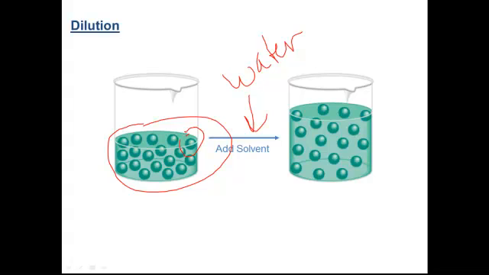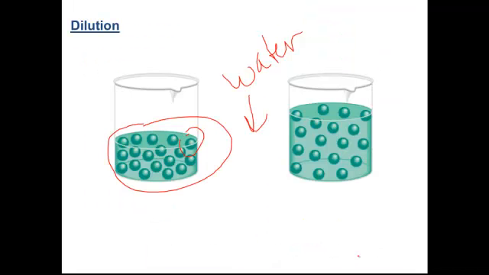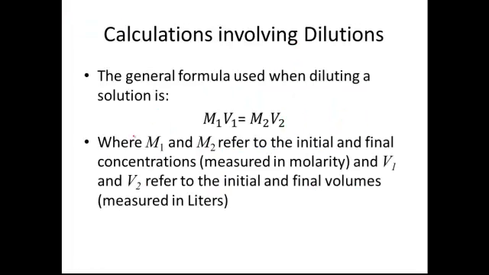Clearly, the answer is no. The same number of moles or molecules is there as was there before. So when we said the moles of the solute before equals the moles of the solute after, that is accurate. The number of molecules dissolved in the water or whatever the solvent is still the same before the dilution and after the dilution.